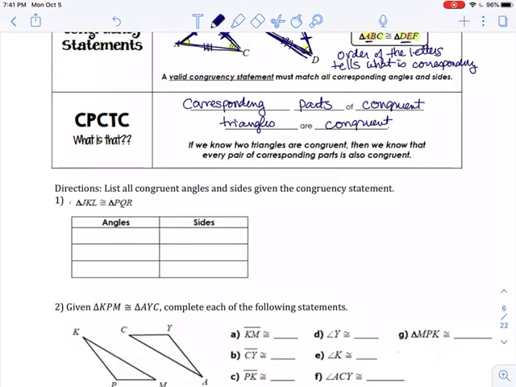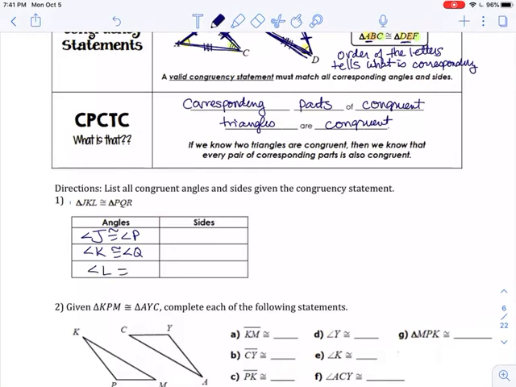All right, let's list all the congruent angles and sides given the congruency statement. If I have triangle JKL congruent to triangle PQR, that means angle J is congruent to angle P because they're both the first letter.